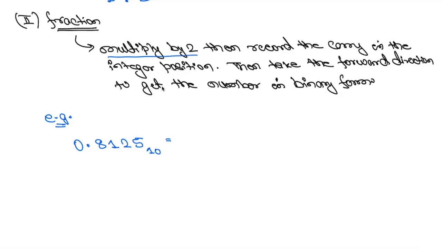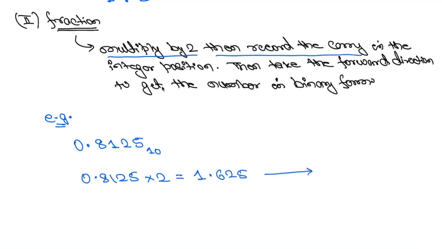Multiply by 2, then record the carry, right? So 0.8125 into 2 is equal to 1.625. Here we will write the carry.